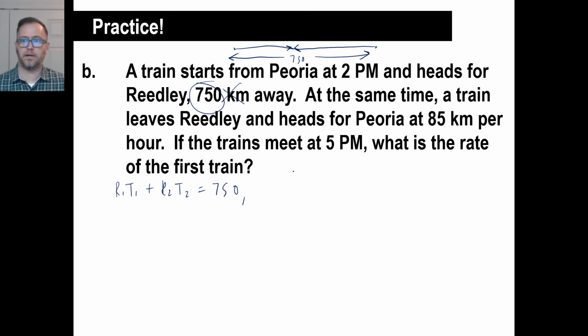There's our biggie right there. This thing started at 2 p.m. and it meets at 5 p.m. So the time of the first train is from 2 to 5. That's going to be 3. The time of the second train, at the same time, is also 3.